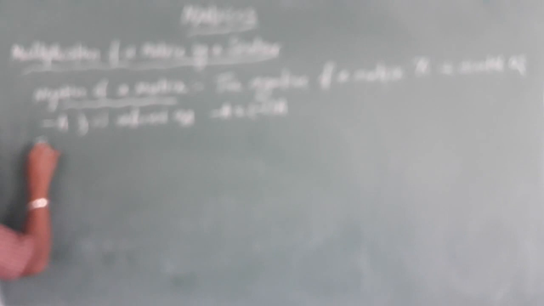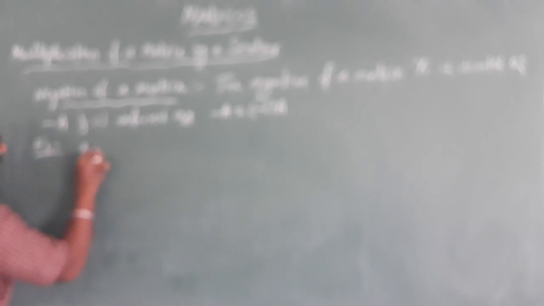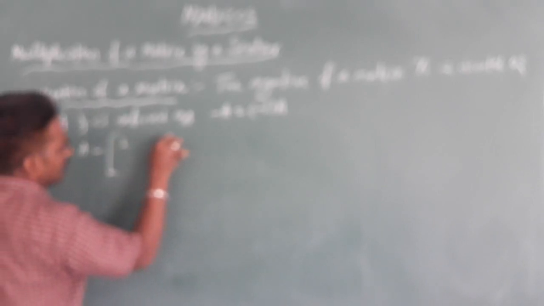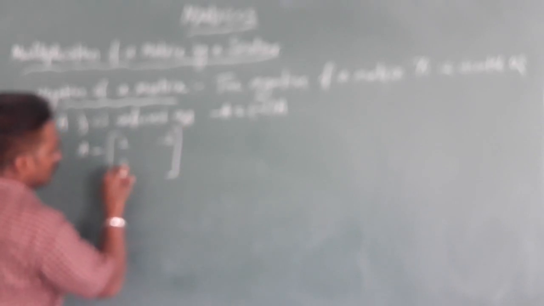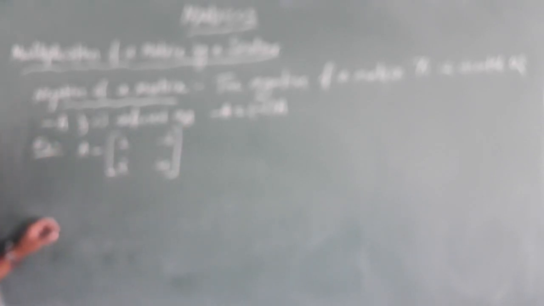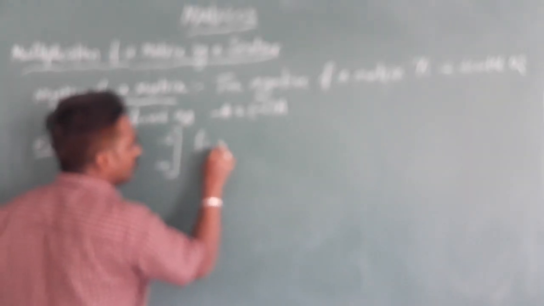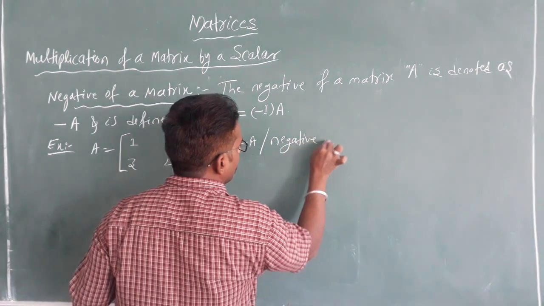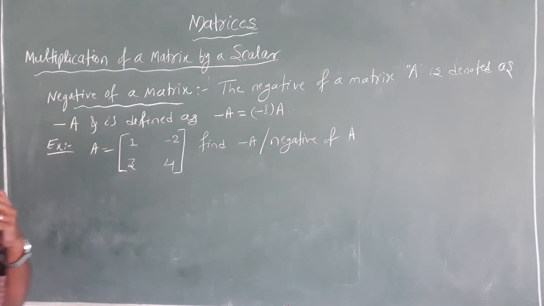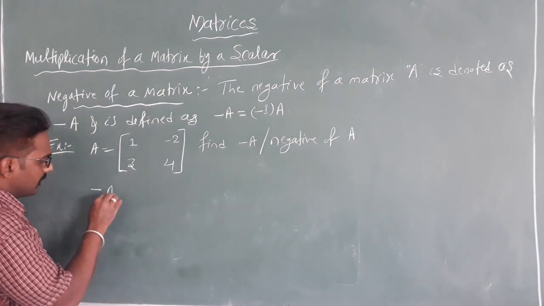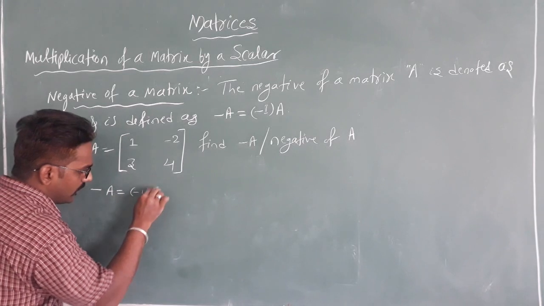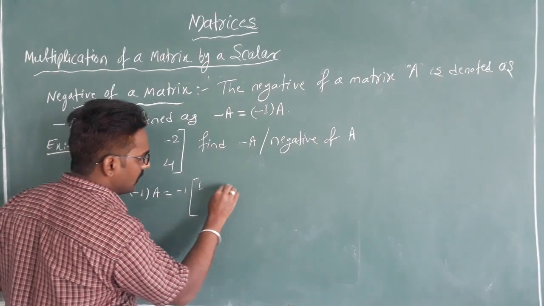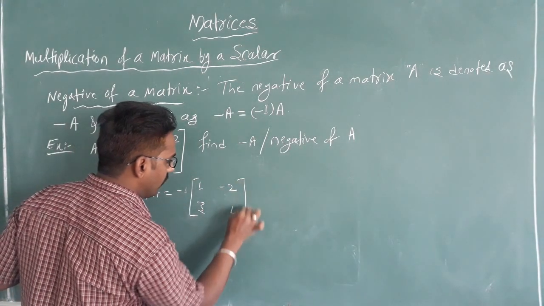So the example. Suppose A equals 1, minus 2, 3 and 4. Find minus A, or negative of A. What is that? Minus A equals minus 1 into A. So minus 1 into the given matrix, that is 1, minus 2, 3 and 4.